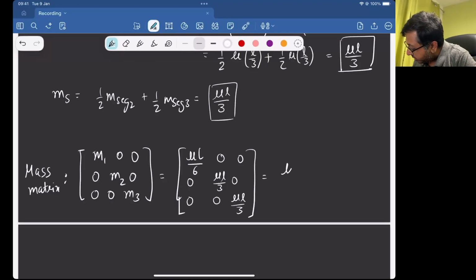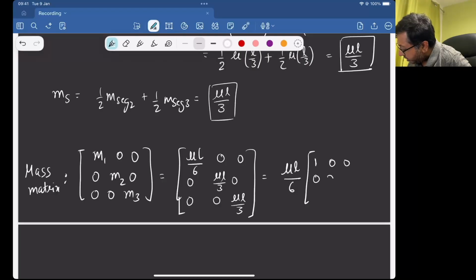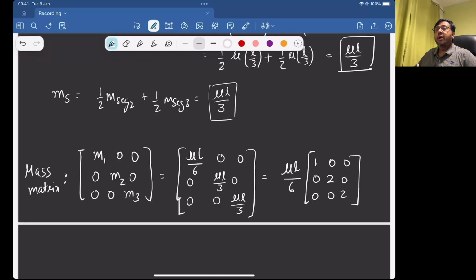Or I can pull mu L by 6 out, giving 1 0 0, 0 2 0, 0 0 2. Okay, I can easily write this as my mass matrix.